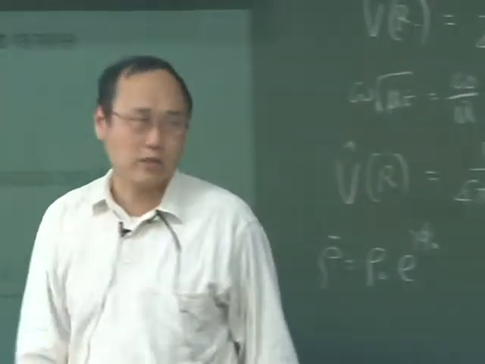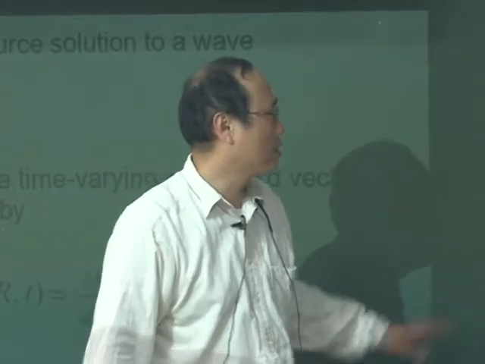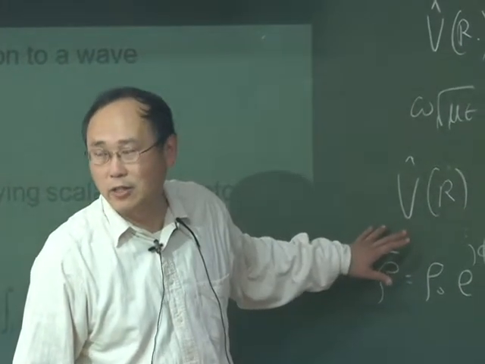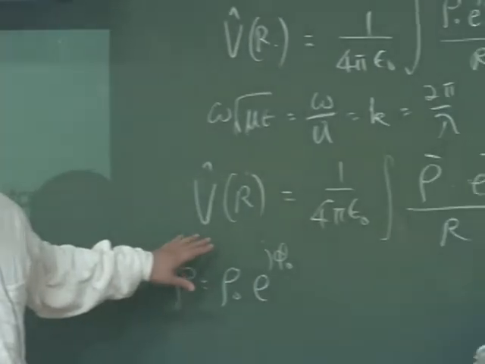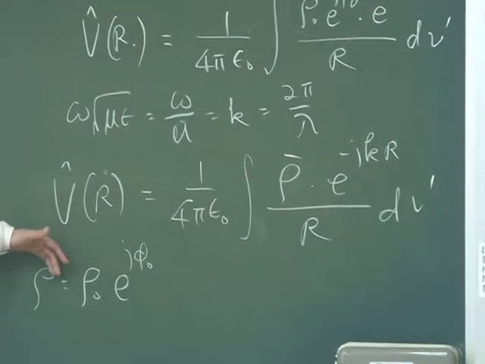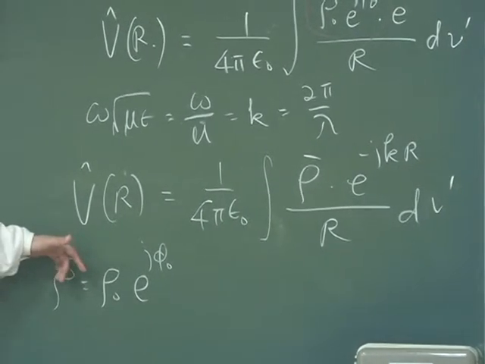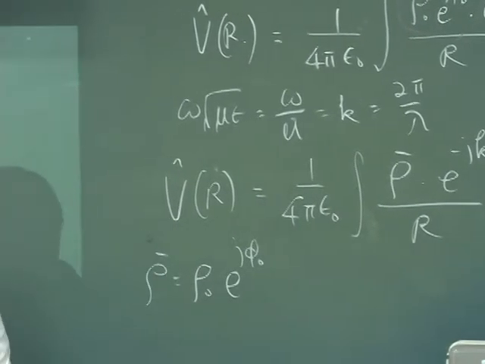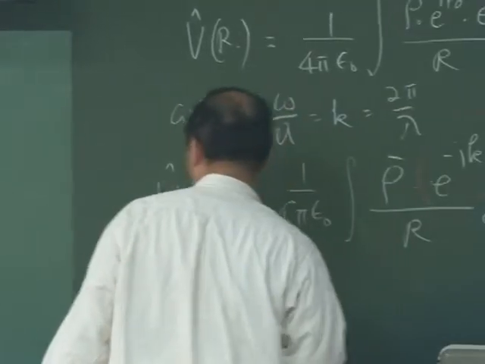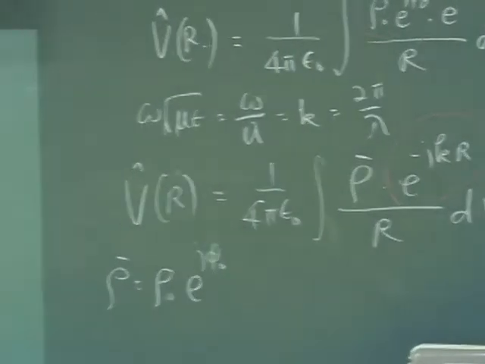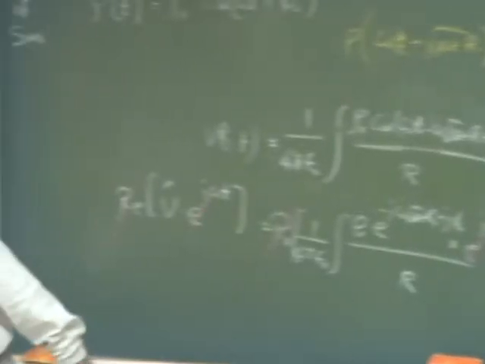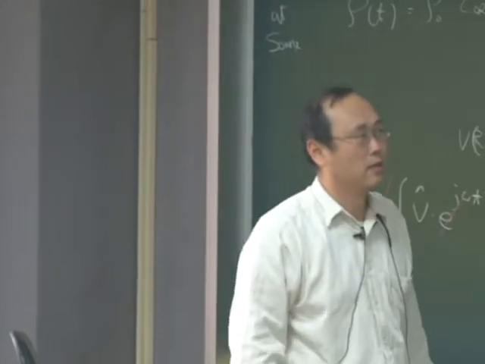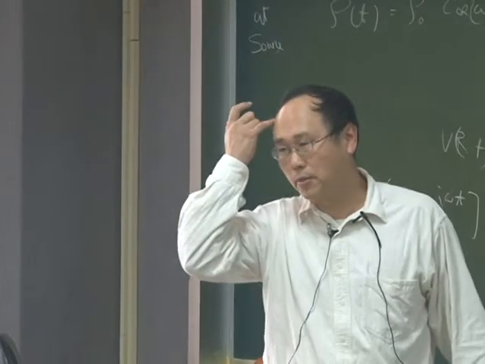This is how you convert the expression of the retarded potential to a phasor expression of the retarded potential for harmonic sources. So you can see that this is where this term comes from. Does that make sense?